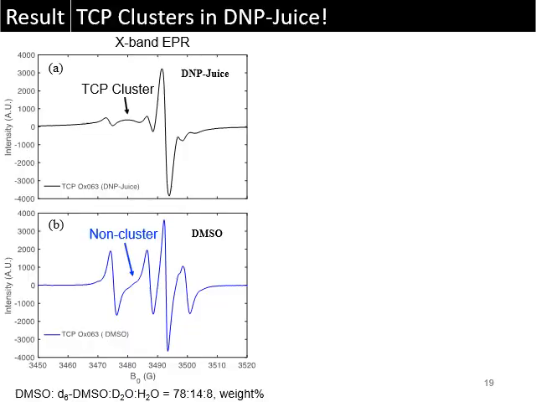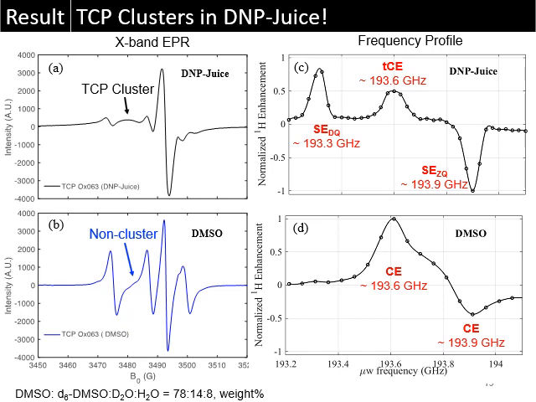Then we did X-band EPR measurements for the TCP trital mixture in DNP juice and in DMSO. In DNP juice, TCP is clustered, but in DMSO, it is not clustered, just like what we speculated. Then we picked the two conditions and obtained the frequency profiles of the two.